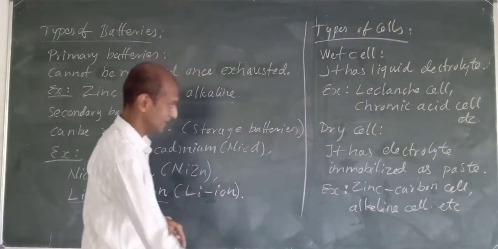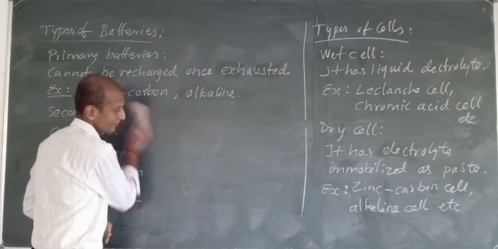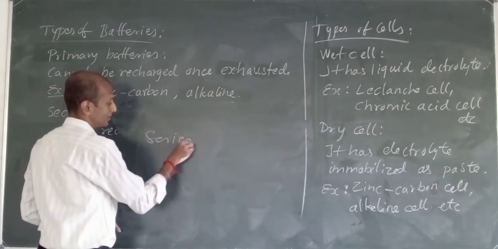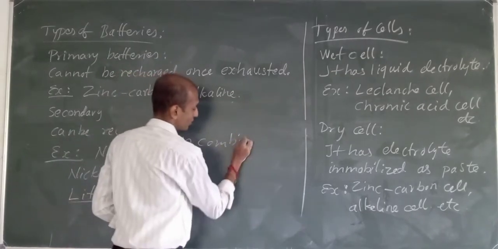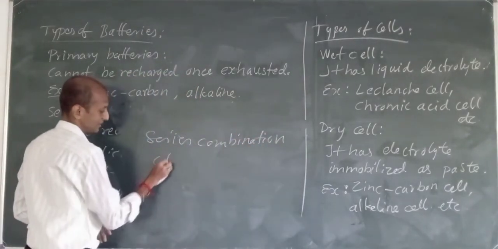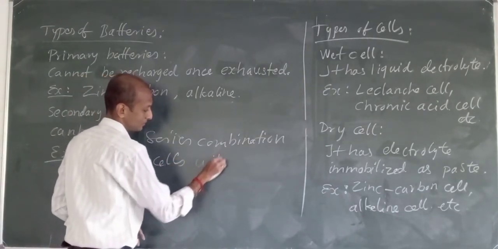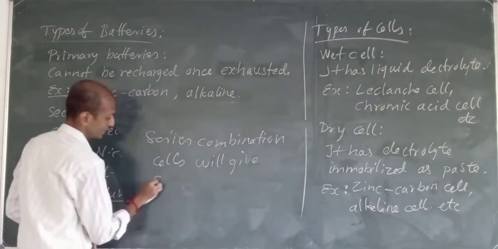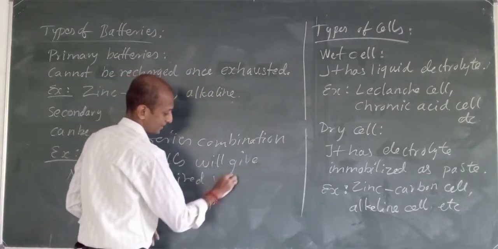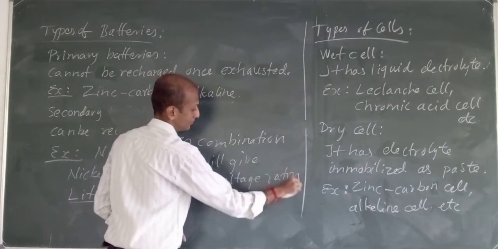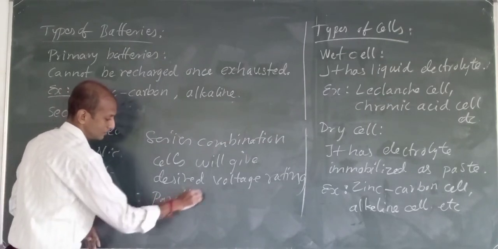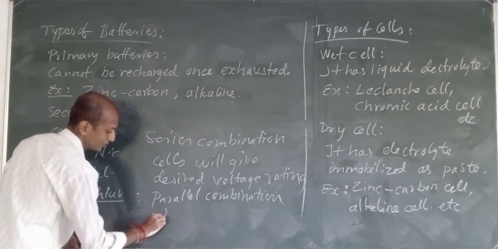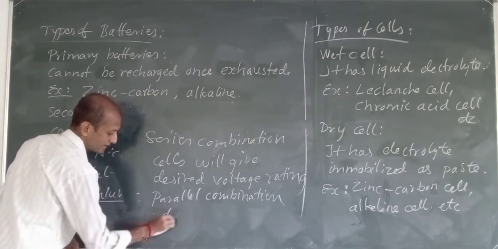Now coming to cells: if I connect cells in series, the series combination of cells gives the desired voltage rating, and the parallel combination gives the desired current rating.